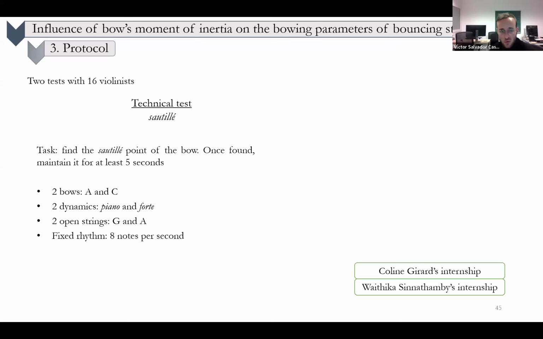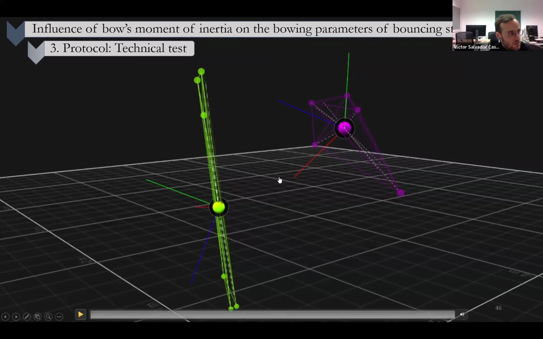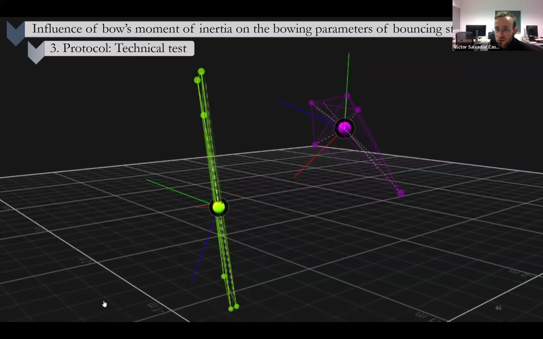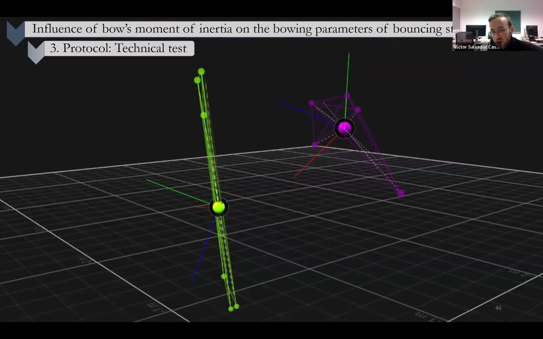So now I will show you how the data was collected and how our software detects the position of both the bow, here at the left, and the violin at the right. Maybe you are able to hear something, and we did a sound check before, so maybe it's not very loud, but it's not really important.